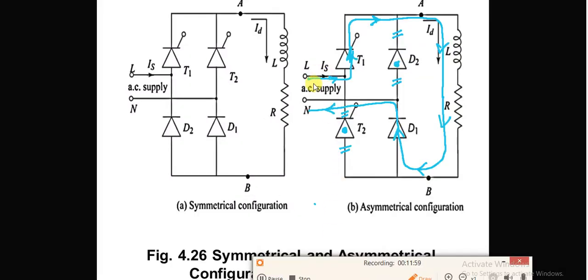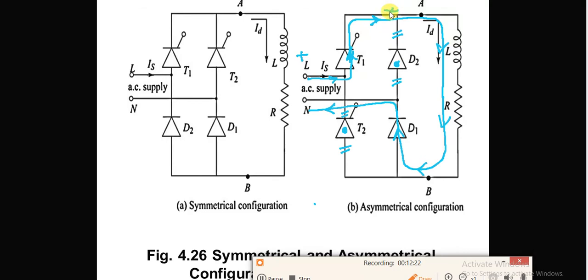The direction of current flow is shown by this blue colored arrow. It is from line terminal L, T1 SCR, then terminal A. It will not flow from the diode D2 because it is reverse biased. If we consider here the polarity plus, then here also the polarity plus will appear.